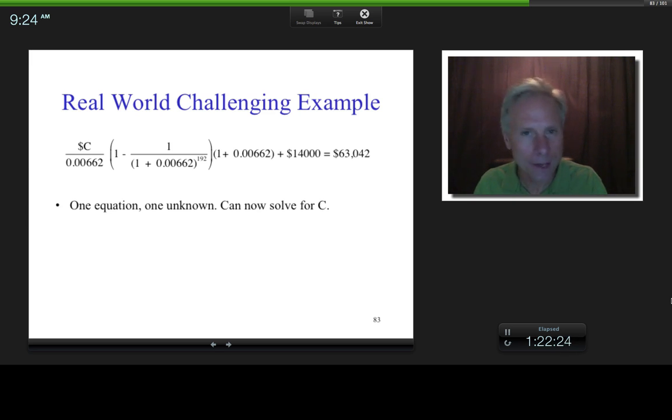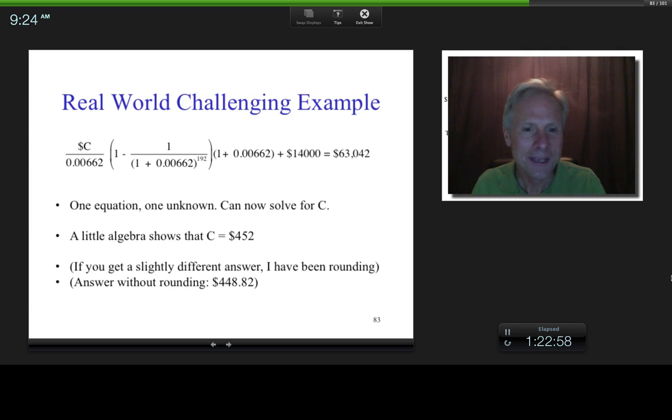Now, if you're in my class, when I ask this kind of level question, since I'm much more concerned with the finance than I am with the algebra, I usually say, all right, show it to me this far, and then just write solve for C. But in any case, you can go through the algebra, and if you did solve for C, you'd find that Jane and George, beginning today, need to save $452 every month, up to and including the month prior to their daughter Sarah starting college.